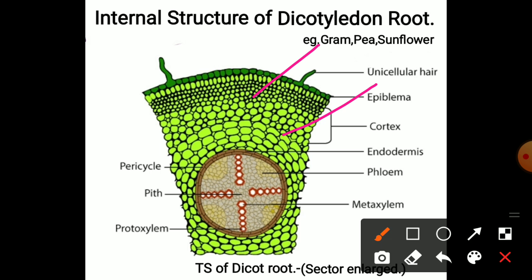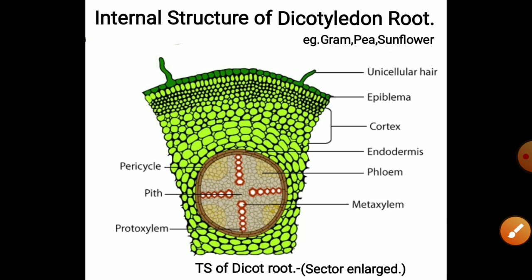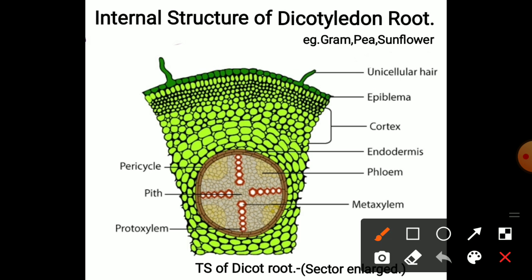This is a massive, thick region composing the large storage part of the root, with numerous intercellular spaces between the cells. So this is the cortex made up of parenchyma tissue.